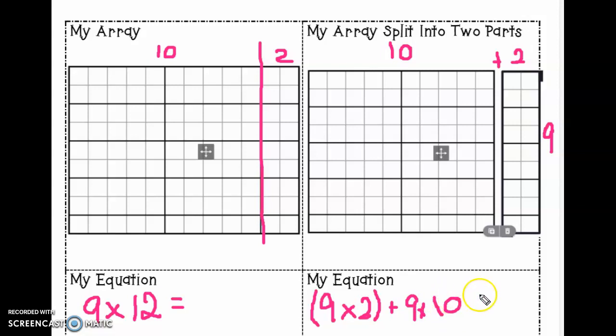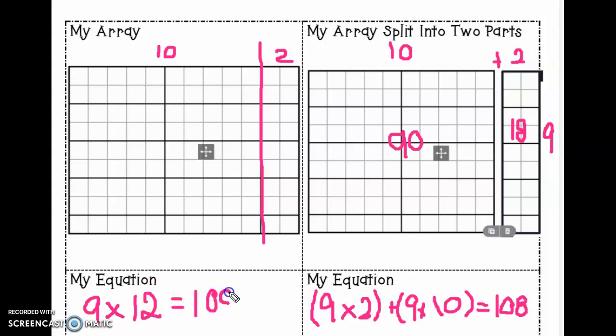And this makes it so much easier for me to multiply because I can very easily do 9 times 2, which is 18, and 9 times 10 is 90. And then I add 90 plus 18, and that gets me 108. So 9 times 12 is 108.